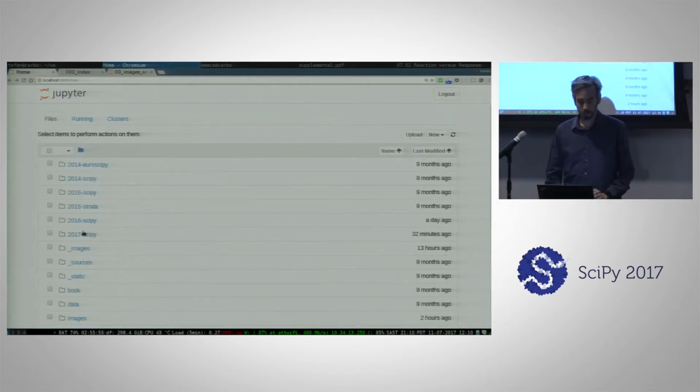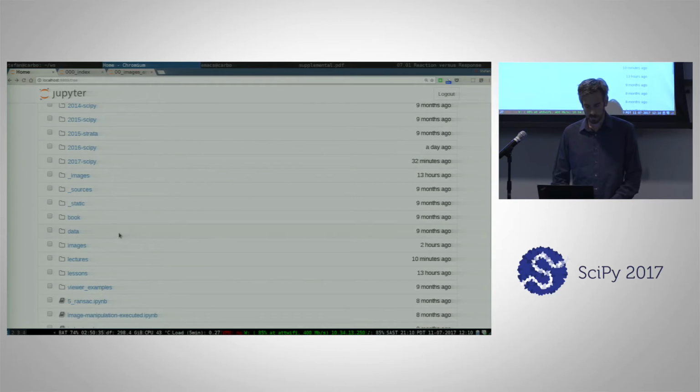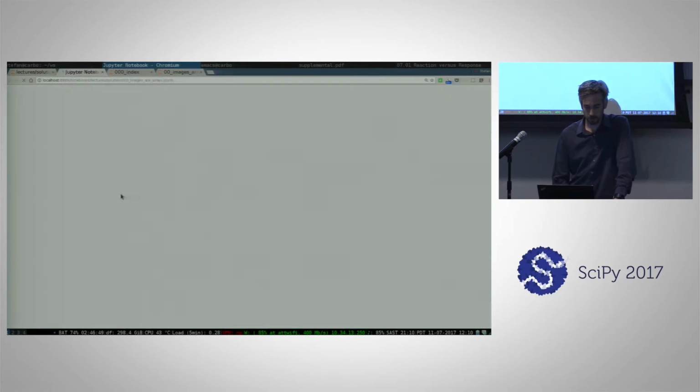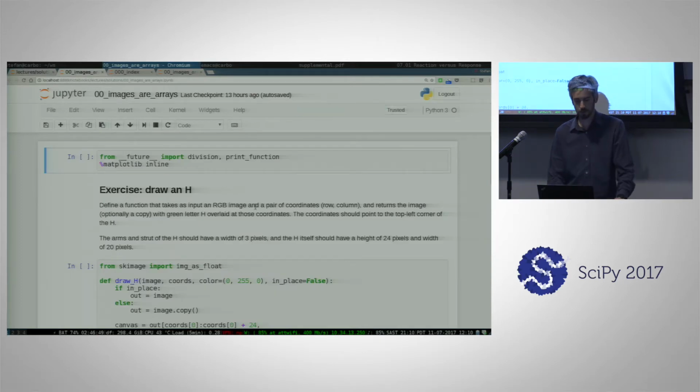All right, let's take a look at the solutions to those problems. So in your Jupyter Notebook, if you go to Lectures and Solutions, we're looking at 0, 0 images or arrays. So the first exercise was to draw an H on an existing image.